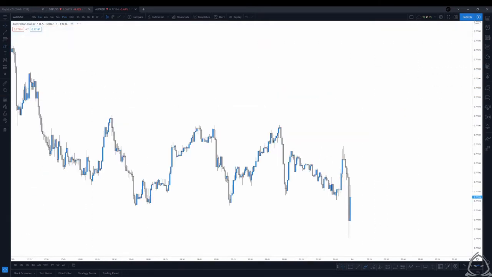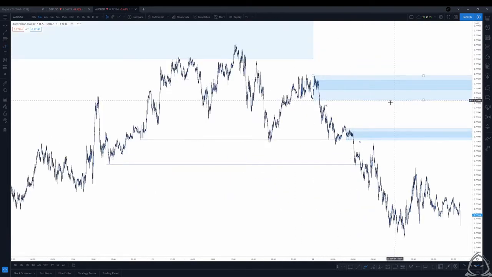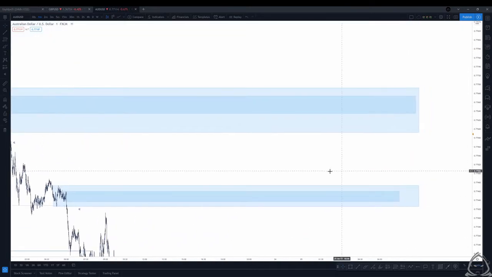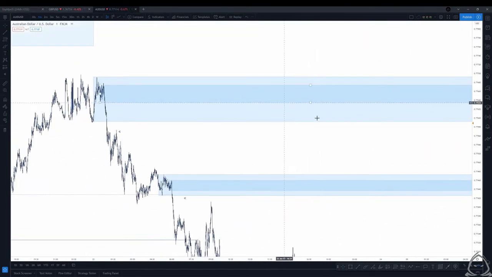So if I go down to, say, my execution time frame, just to show what I would be looking for, and it'll be the same at both points. But once price gets into this zone, I personally am going to be waiting for it to tap into more the 15-minute zone. And basically what that'll look like is I'll be looking for something like this.